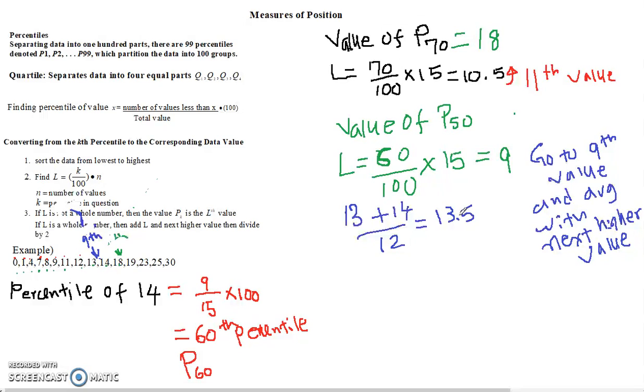So in this case, the value of the P60 is going to be, okay, it's not 9, this is just the location value here, so that would be 13.5.